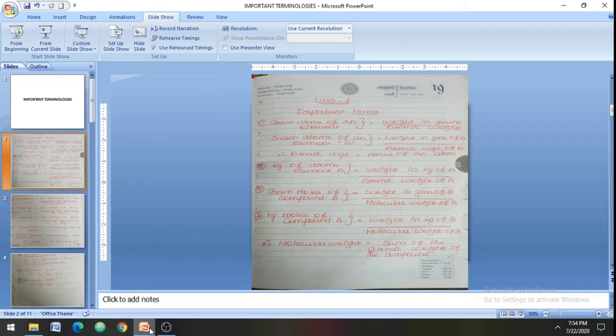What is the relation between number of moles and molecular weight? Number of moles is equal to weight divided by molecular weight.